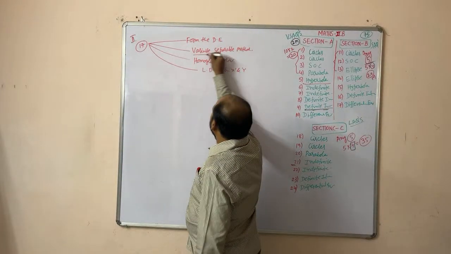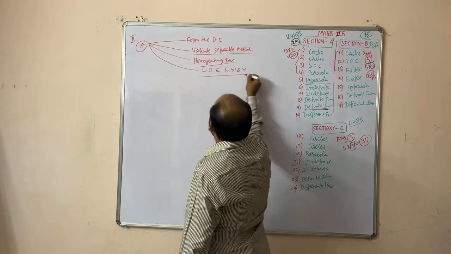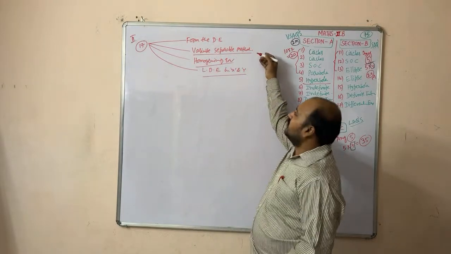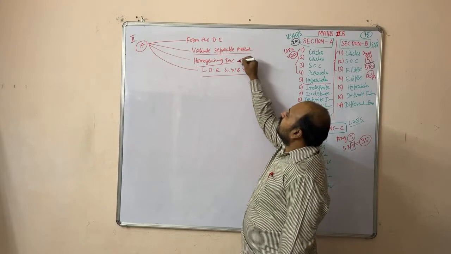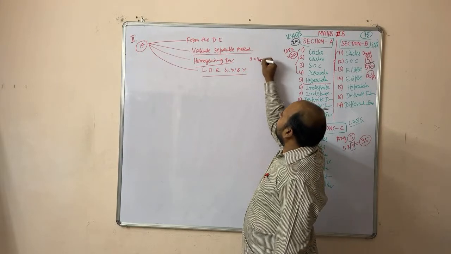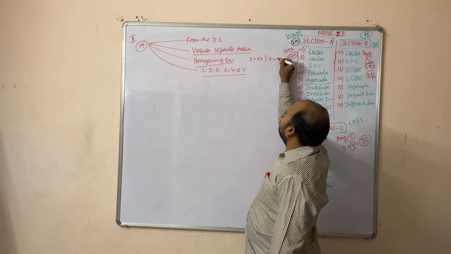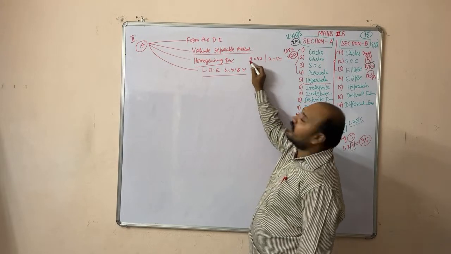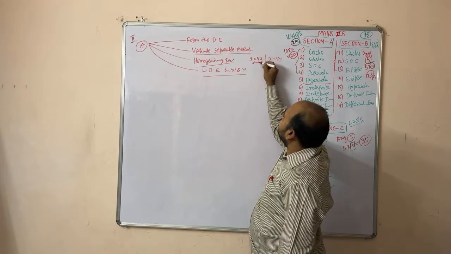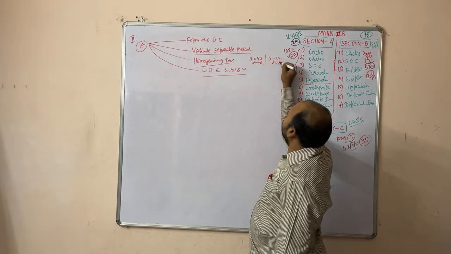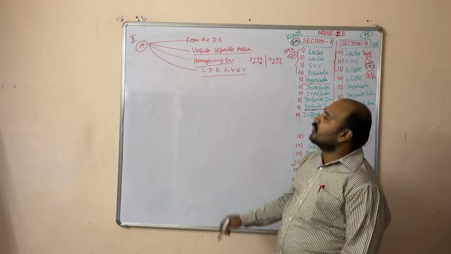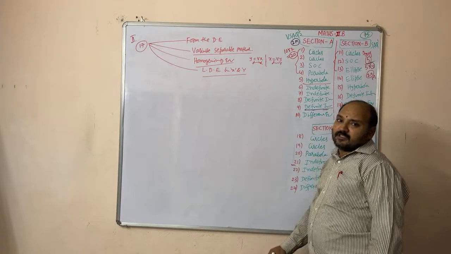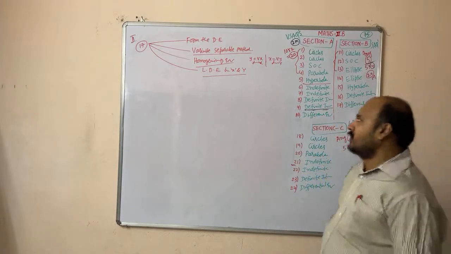Variable separable methods questions are there. Variable separable means we can separate the variables. Homogeneous, y is equal to vx or x is equal to vy. Whenever we take y is equal to vx, differentiate with respect to x; for x is equal to vy, differentiate with respect to y. That is the difference. In the linear differential equations, they are asking to find a complete solution.